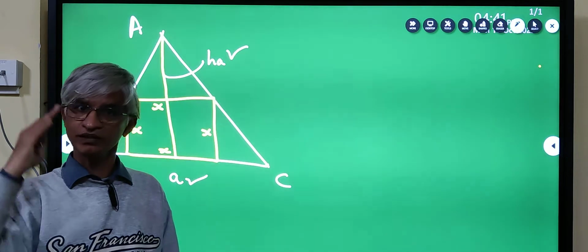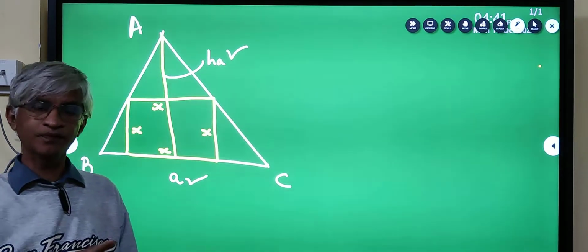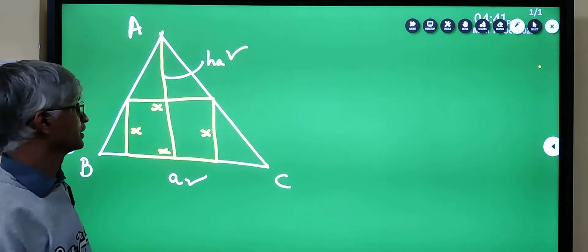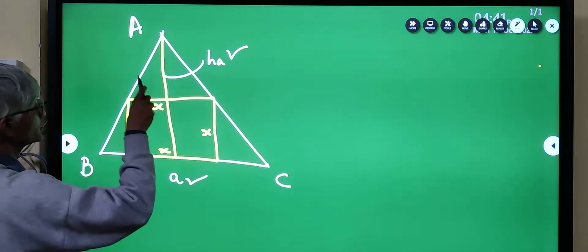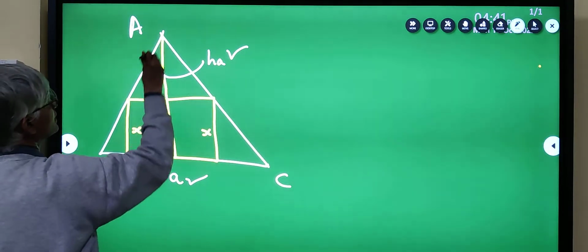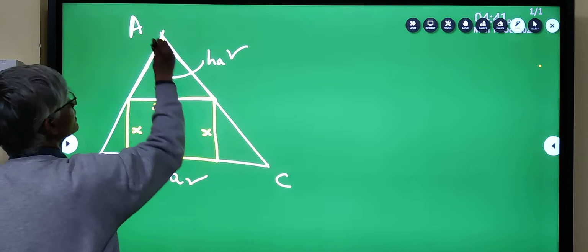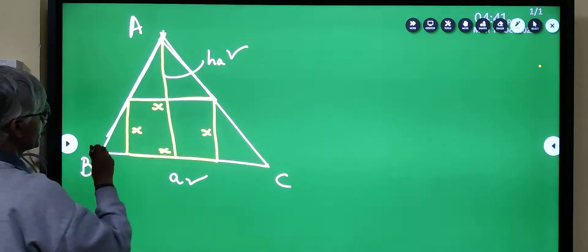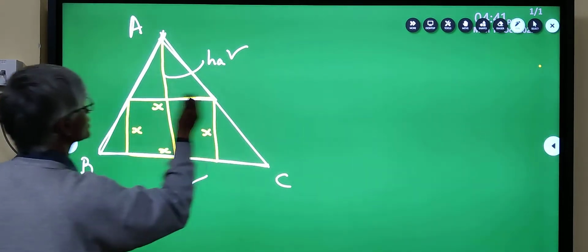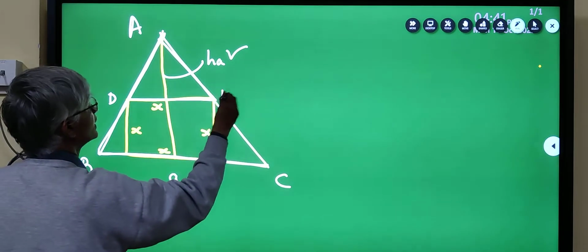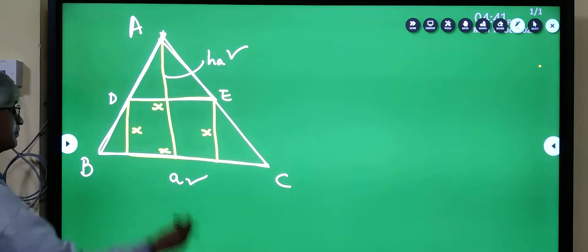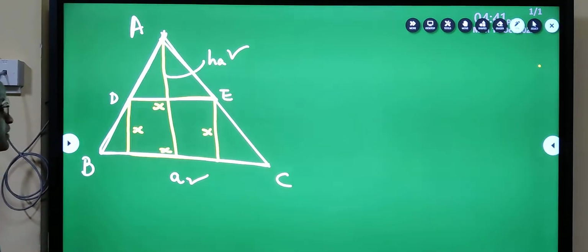Alright, please pause the video, go ahead and try it for some time. I shall now solve the problem. So here, what you're going to notice is that this triangle is similar to the big triangle. So let's call this triangle ADE. So ADE is similar to ABC, and what's the reason?